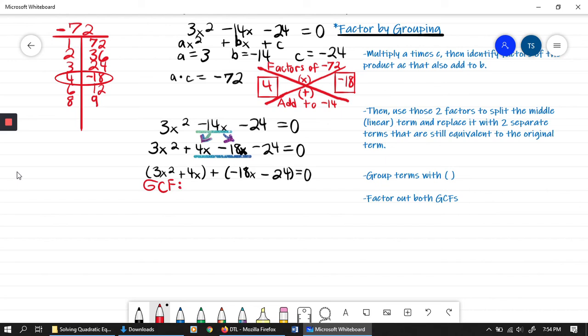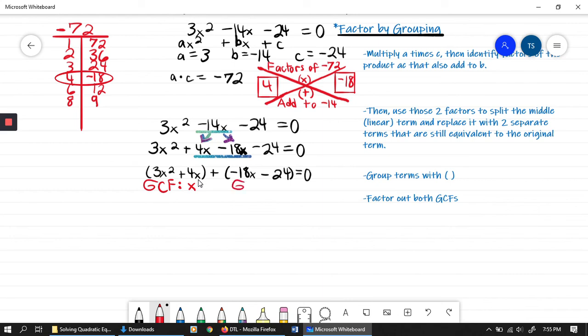But if we look at the variables, at the x's in each of those 2 terms here, in this first group, so we have the 3x squared and the 4x. Each one of those terms has at least one x. So there is an x that they have in common as the greatest common factor for that first group.